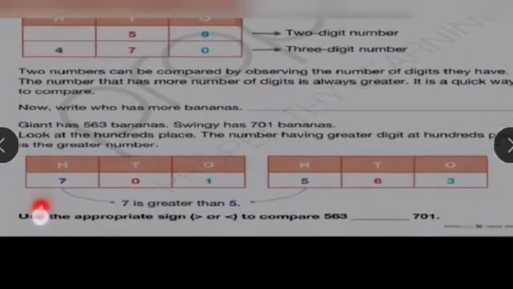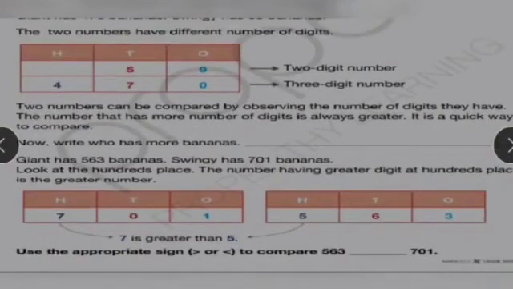Now see, children, in the next example the giant has 563 bananas. Swingy has 701 bananas. Look at the hundreds place. The number having the greater digit at the hundreds place is the greater number. Here Swingy has 701 bananas and the giant has 563 bananas.